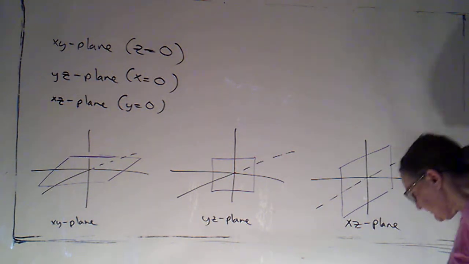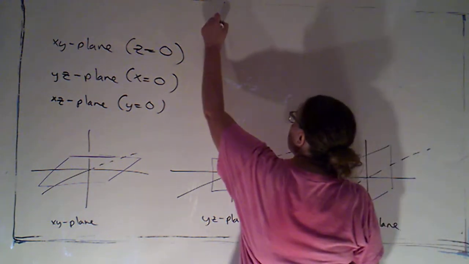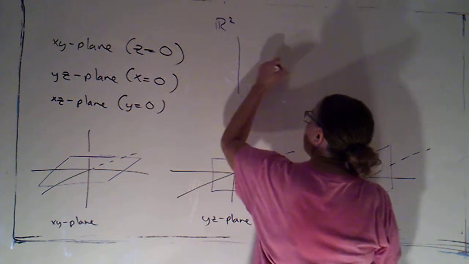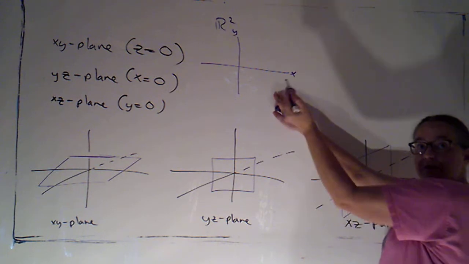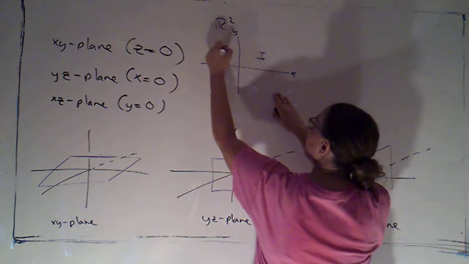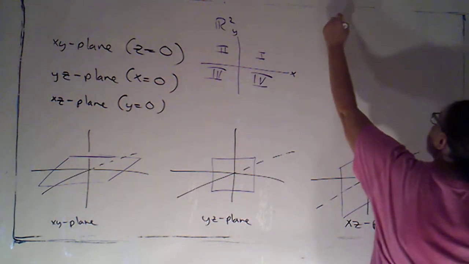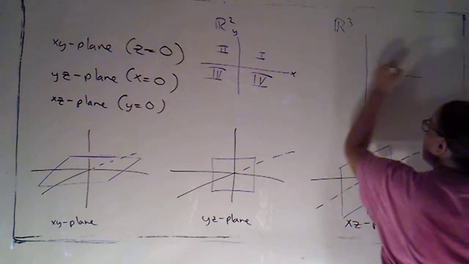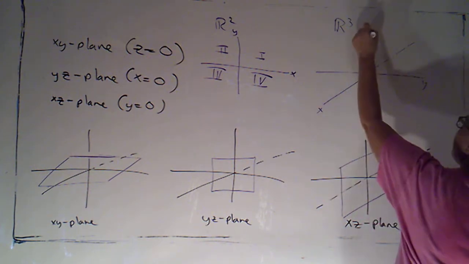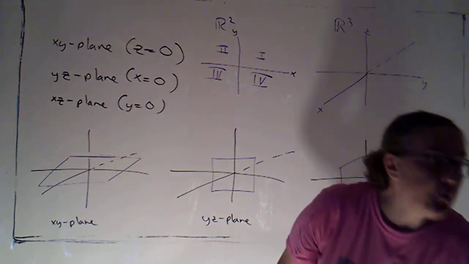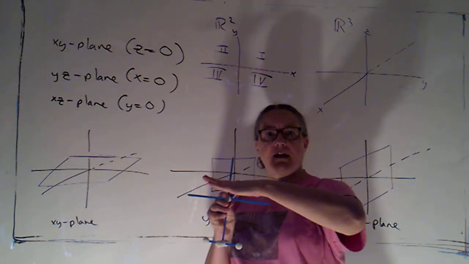Okay, a couple of other things as we're working with 3 space. If we're in 2 space, the x and the y axis divide up the plane into 4 parts, and we call those the 4 quadrants. Now, if we're in 3 space, the x, the y, and the z axis actually divide space up into 8 regions. So here's the xy plane right here.